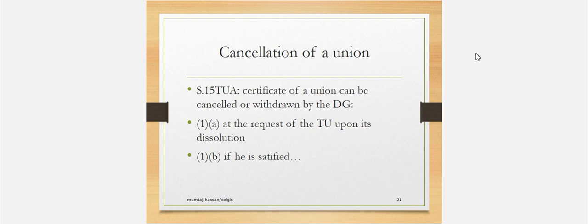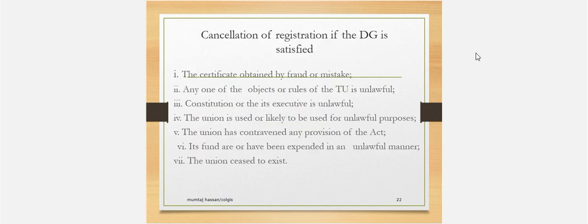Okay, it's either the trade union themselves ask to be cancelled or dissolved, or the Director General of the trade union is the one who asked the trade union to be cancelled, on the following reasons. The certificate is obtained by fraud. That means you have done any fraud or mistake when you applied for registration.